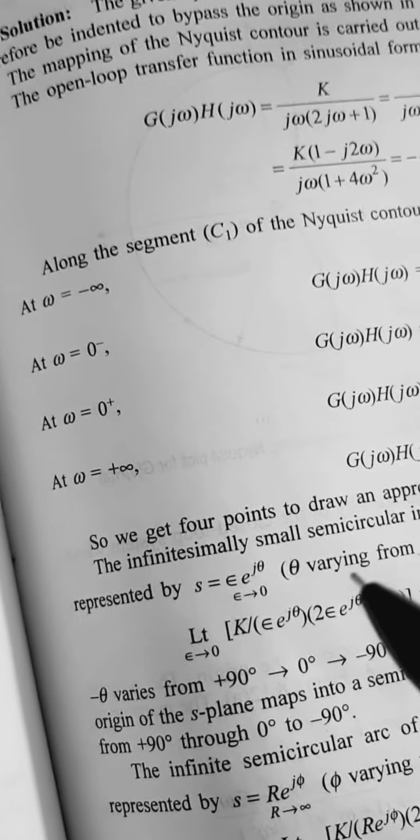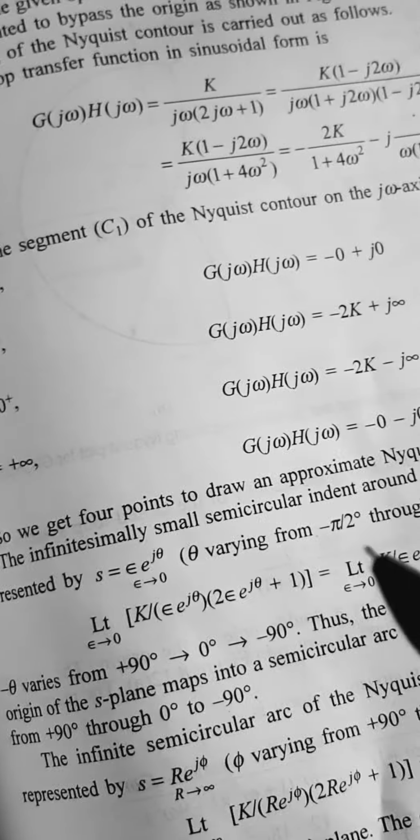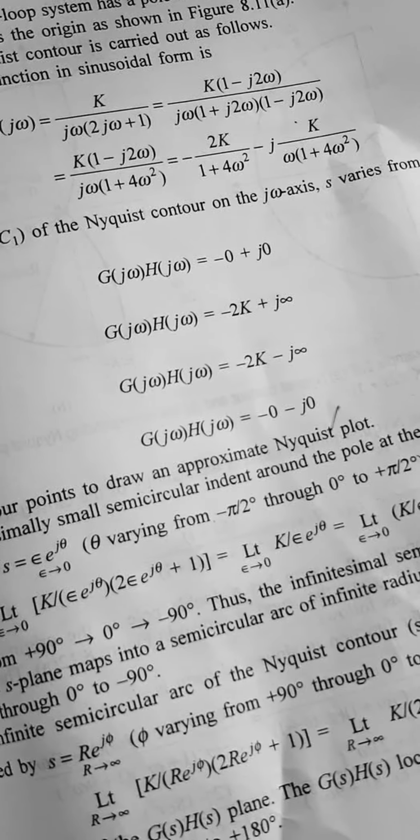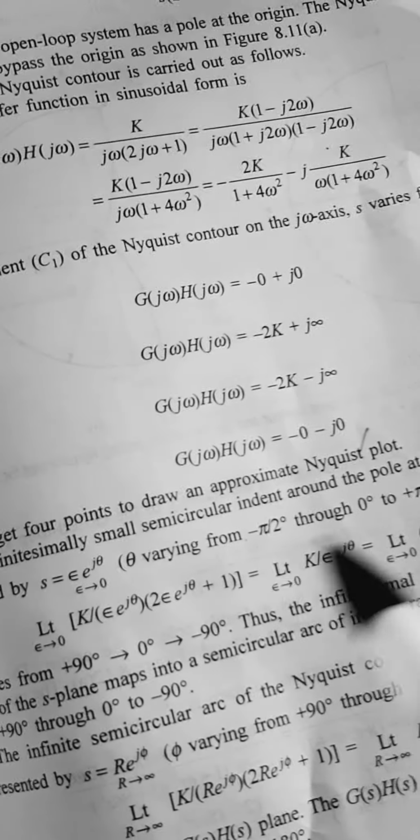Another important thing is that theta varies from minus pi by 2 through 0 to plus pi by 2. This is very important.